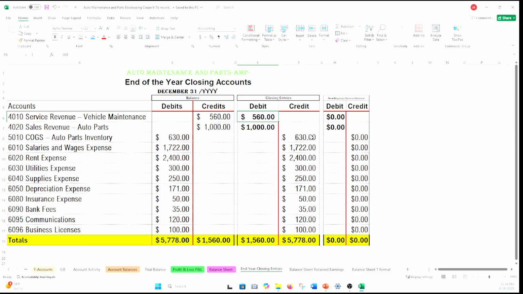We say that credit accounts increase with credits and reduce with debits. So in order to reduce the 560 that was created, we have to create a debit, so we get the balance to 0. Same concept: if we have debit accounts, debits increase with debit and decrease with credit.